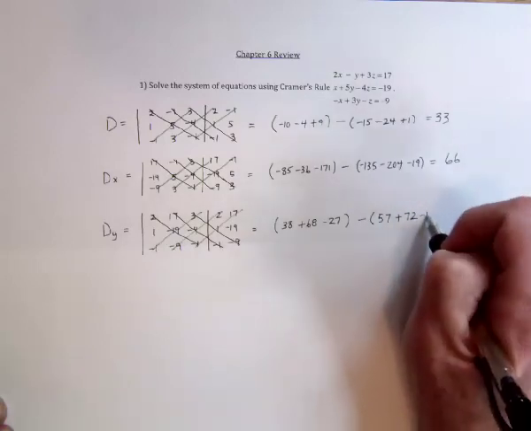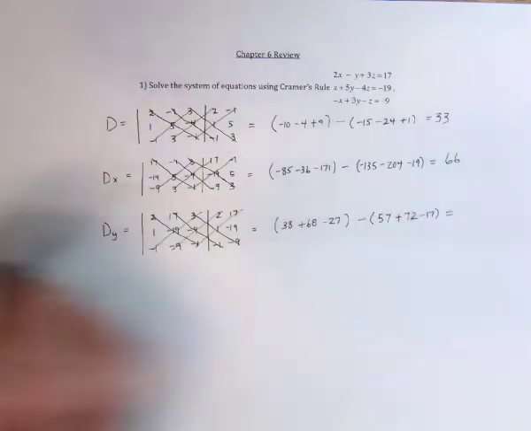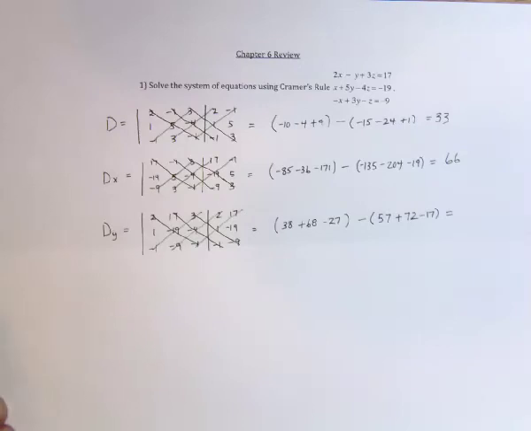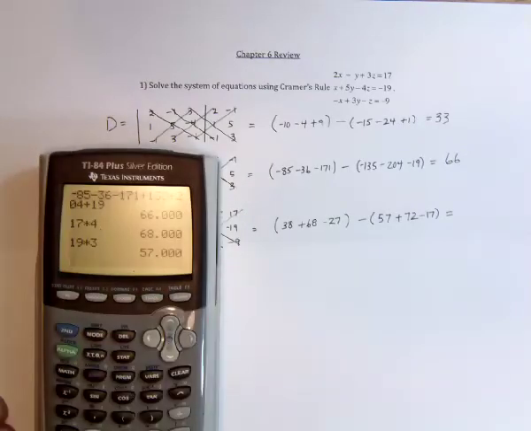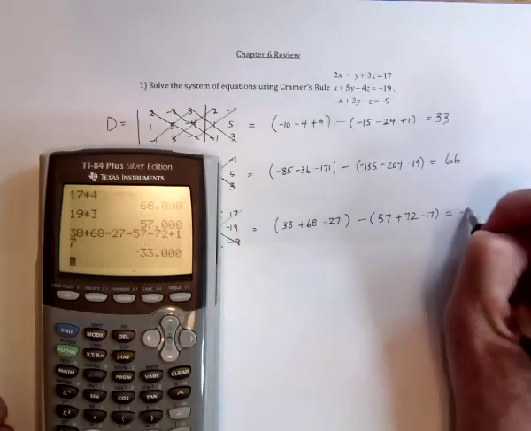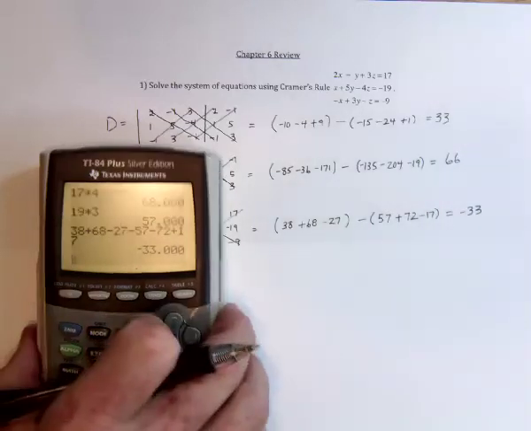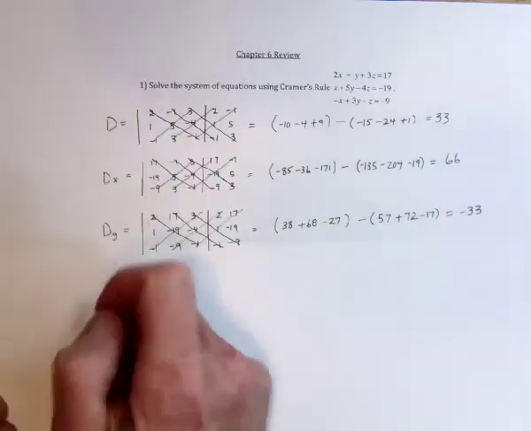And then there's negative 17. So 38, 68, minus 27, minus 57, minus 72, and plus 17. Negative 33. And just one more to go, dz.